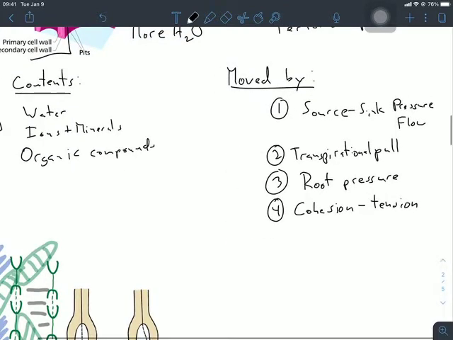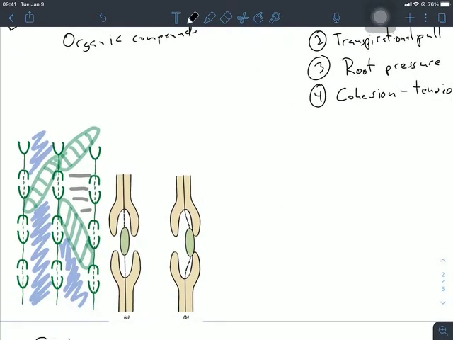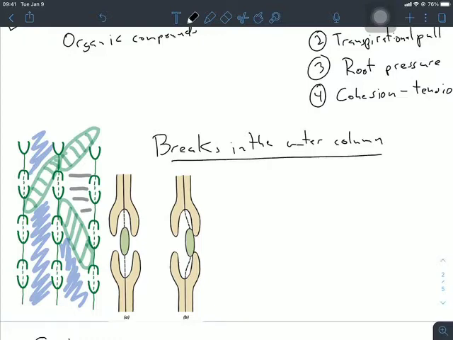That last one, cohesion tension, introduces one of the major risks that occur within our xylem elements. Breaks in the water column. You can imagine breaks in the water column behaving very much like a chain of humans dangling from a cliff.